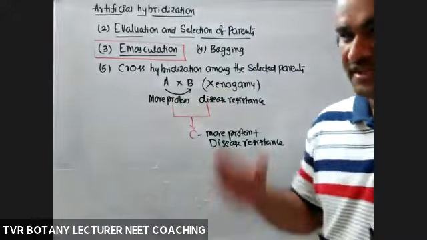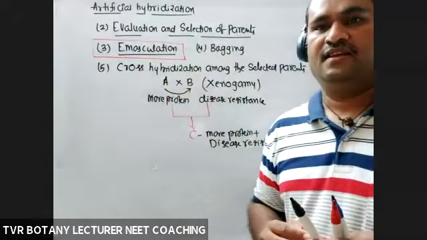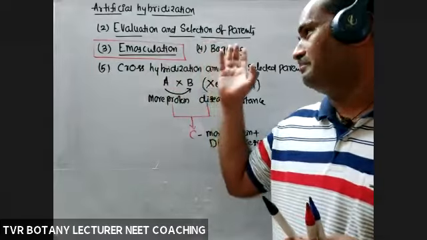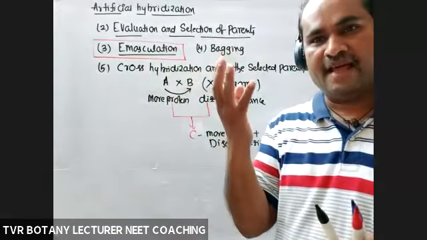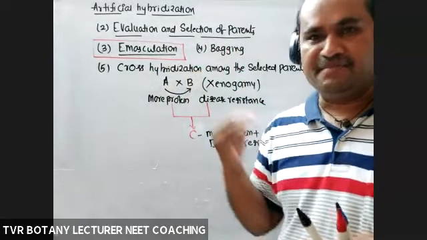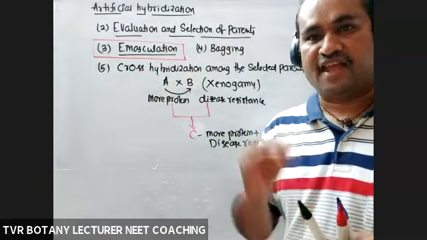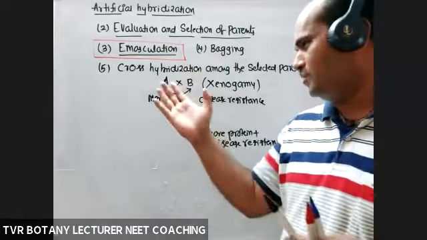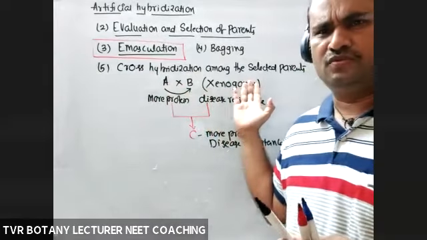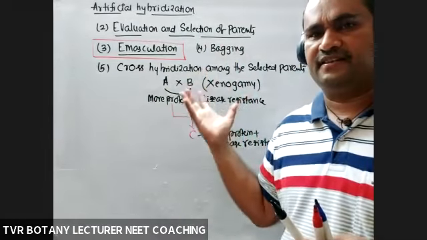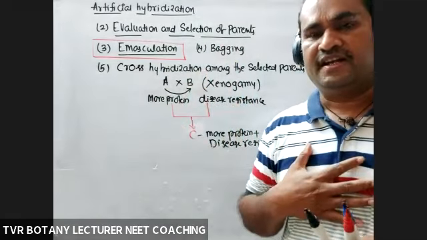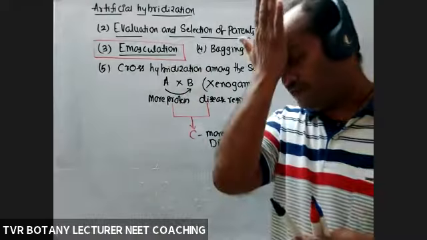Time-consuming or not? We have to select the parent, evaluation, emasculation, bagging, transfer of pollen grains, more number of labor required. These are the limitations of artificial hybridization or not? Time-consuming. We have to cross so many plants, not only two parents. So a couple of parents are required to bring the maximum number of desirable characteristics into one variety.